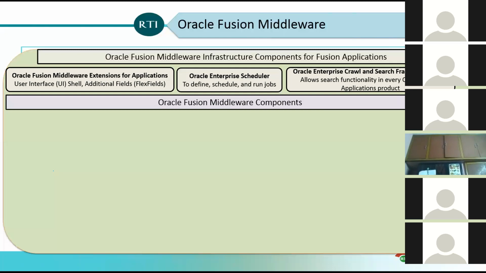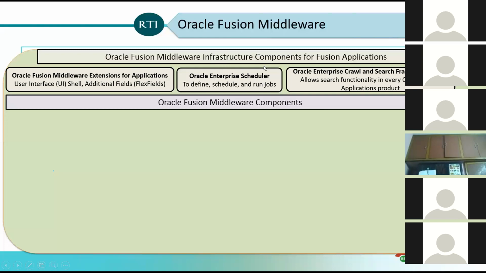So every night one job has to run. What job has to run, at what frequency, and to whom we have to deliver, all those things we can define in the application. That is where we define an enterprise scheduler, where we can define, schedule, and run the Oracle application product family jobs. So OES, Oracle Enterprise Scheduler, again resides on the Fusion middleware.